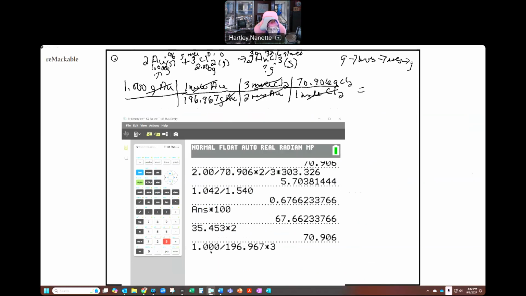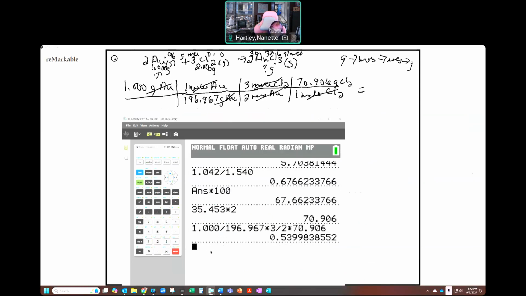Times 3 divided by 2 times 70.906. And that tells me that I need 0.5400 grams are required. Now I know that I have more than that.